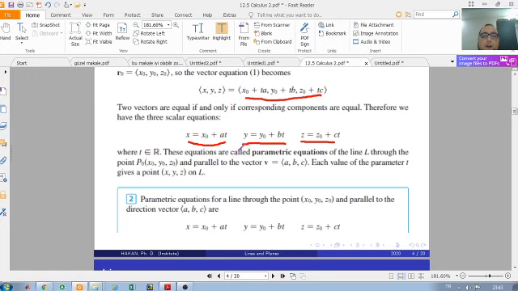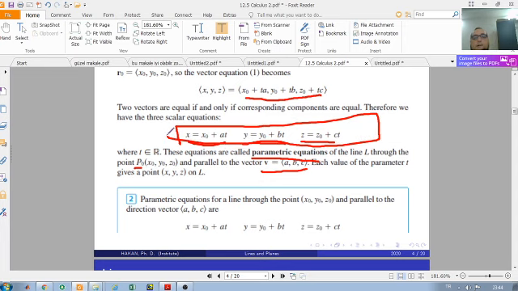These equations are called parametric equations of the line L through the point P0 and parallel to the vector V. If we know the direction vector of the line and a point, we can find its parametric equations by using the formula as written here.